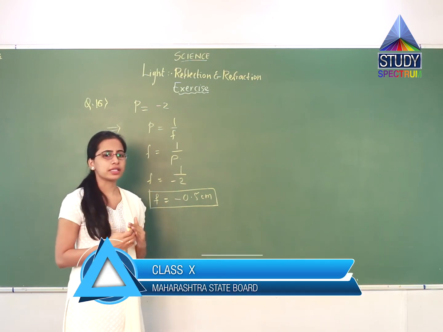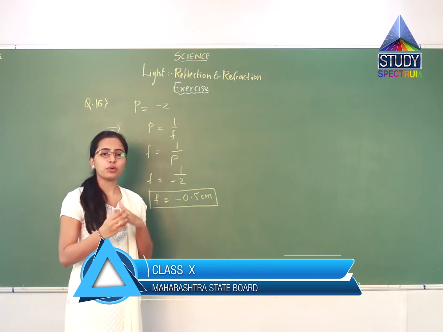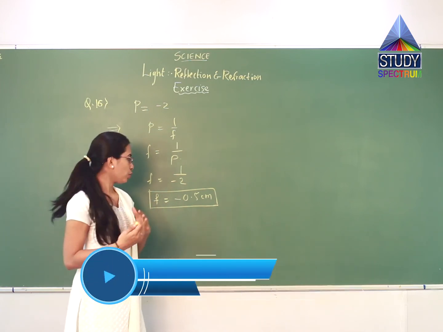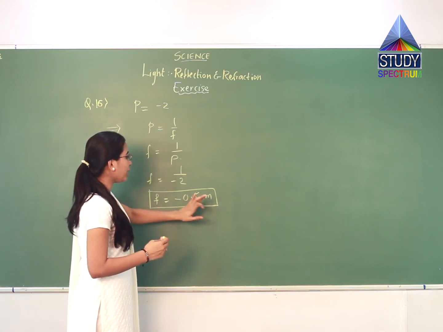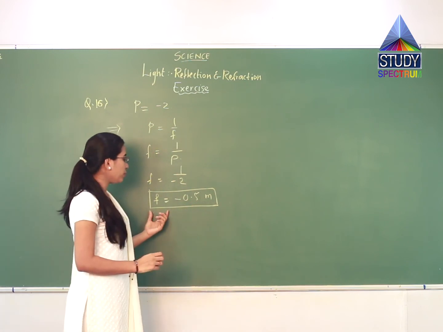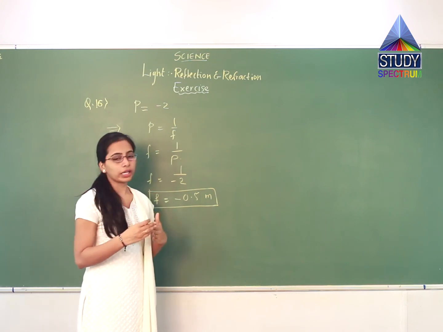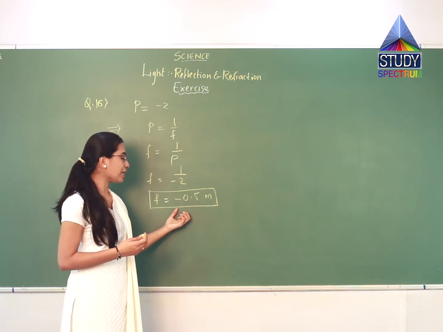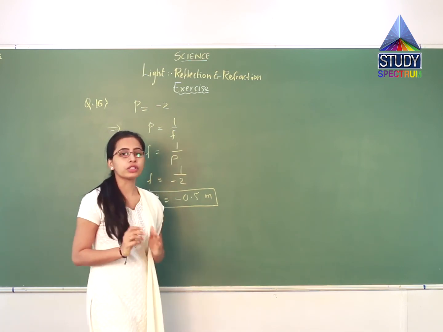According to the formula, diopter is equal to inverse of meter. So actually here the focal length that you will get will be in meters instead of centimeters. So this will be minus 0.5 meter. So it is the focal length of a concave lens since it has negative value. So we will mention that it is a concave lens.